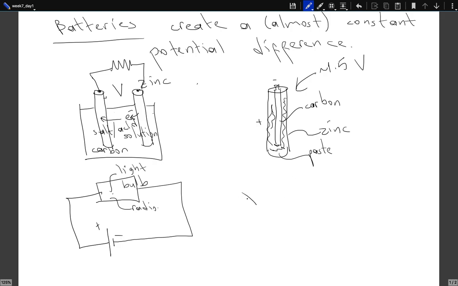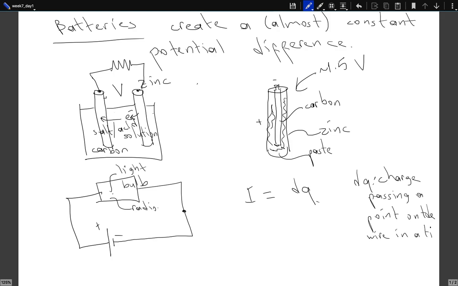Well, what we call the current is actually, you just take a point on your wire and then count how much charge passes through that point. dq is the charge passing through a wire, through a point on the wire in a time dt.